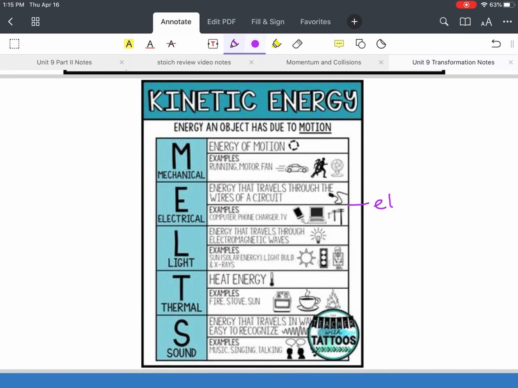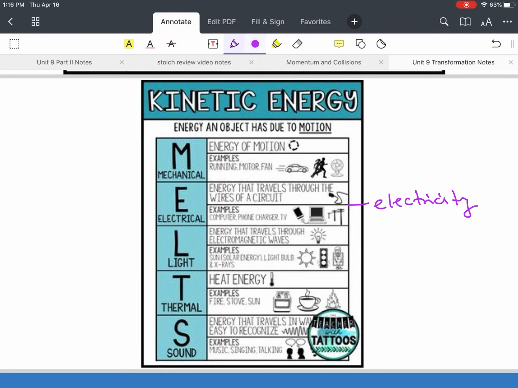Electrical is just what you're thinking, it's electricity. Any kind of electricity. Remember, electricity flows from one place to another, right? It comes down power lines, it goes through the cord in your phone charger. So it's moving, so it's kinetic. Same thing with light and heat. They're both kinetic energy.